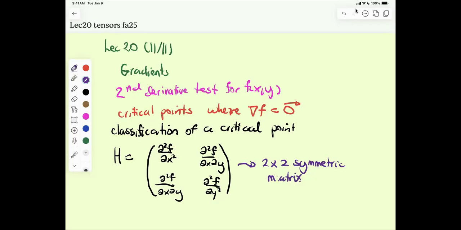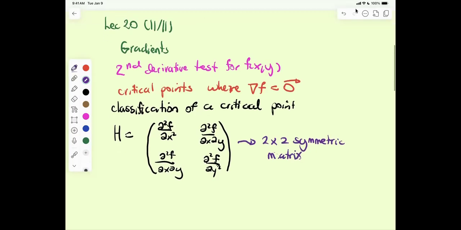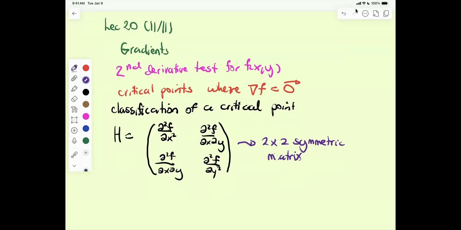Let's say it has two eigenvalues, which may be repeated, lambda 1 and lambda 2, which may coincide.